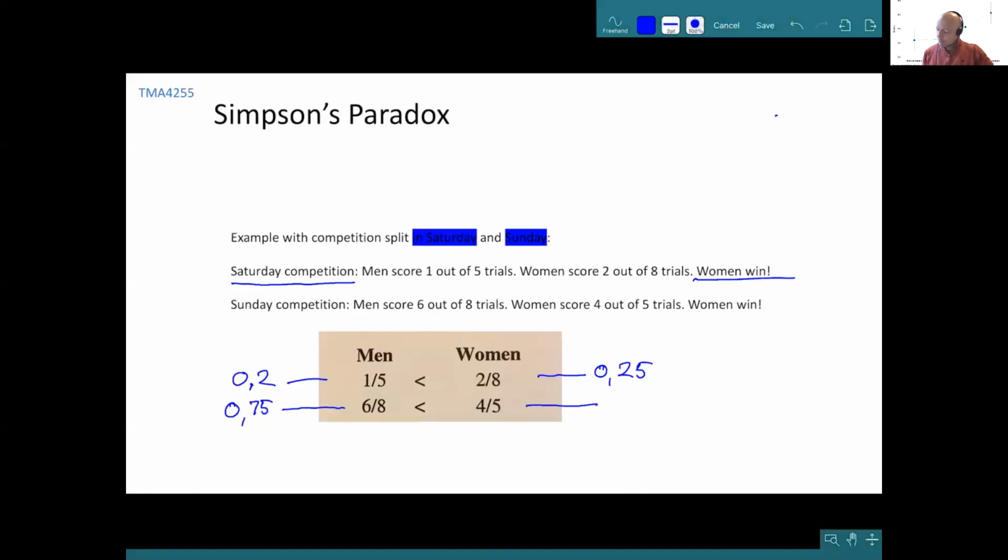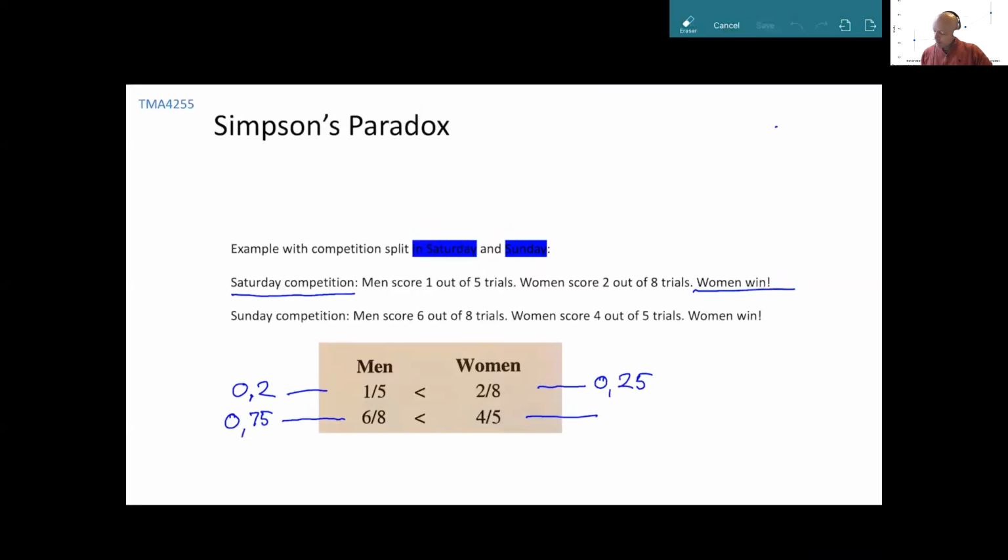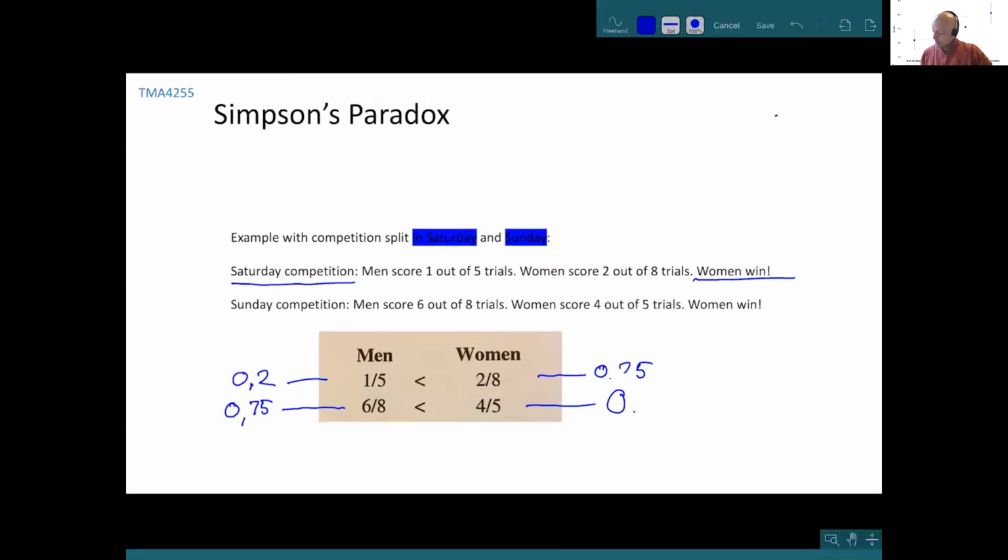They score 4 out of 5 trials, so their success rate is 0.8 this time. And again, the women win: 0.8 is larger than 0.75. So if we just look at this plot and split the competition in 2 blocks, Saturday and Sunday, women win both times. They have a better success probability.